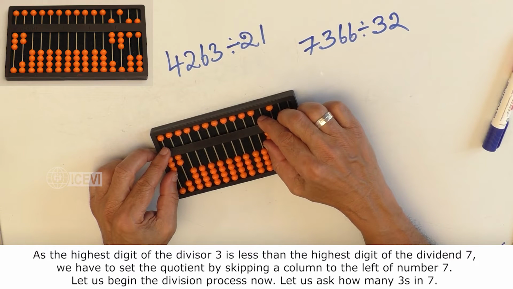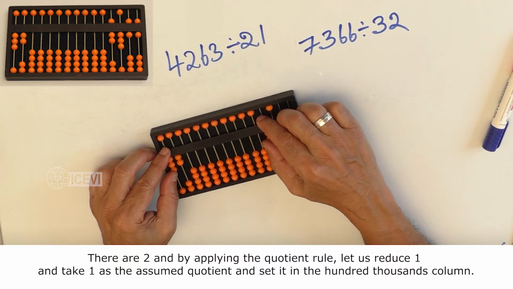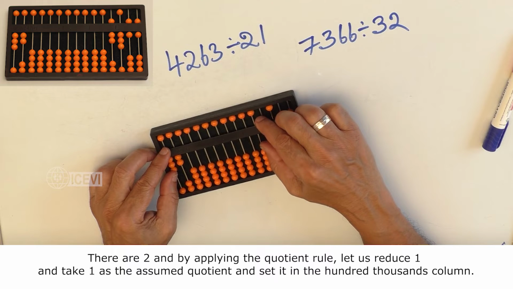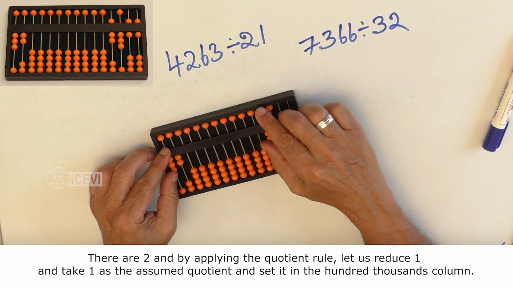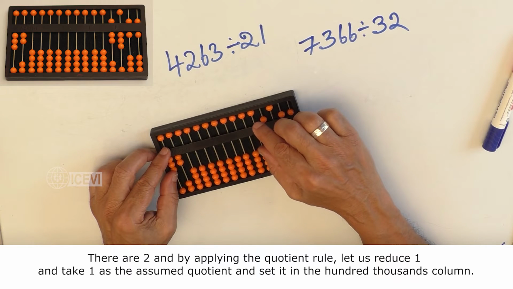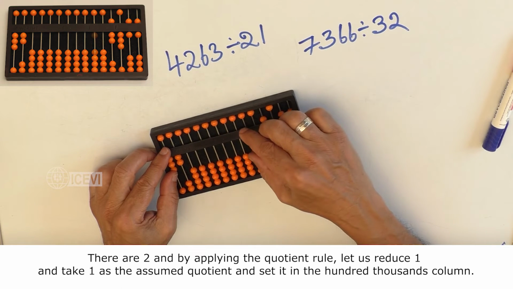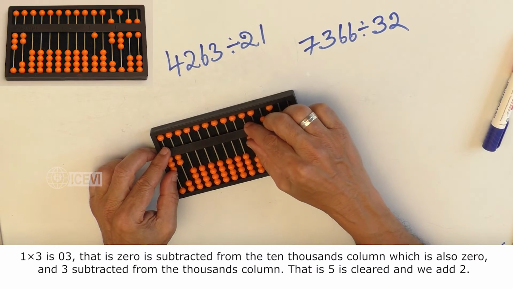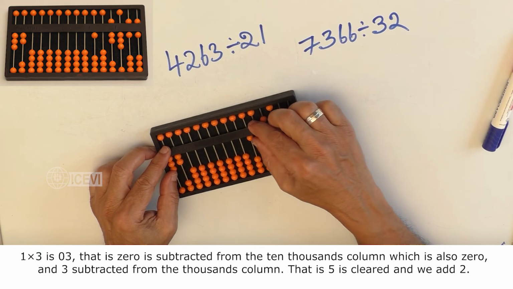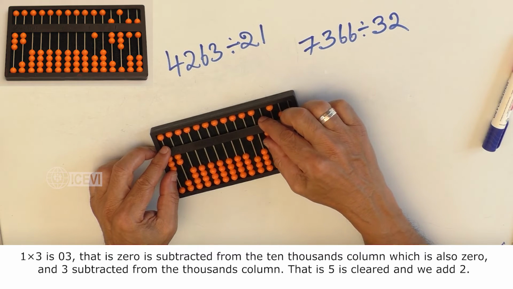Let us ask how many 3's in 7? There are 2, and by applying the quotient rule, let us reduce 1 and take 1 as the assumed quotient and set it in the 100,000 column. 1 multiplied by 3 is 03, that is 0 is subtracted from the 10,000s column and 3 subtracted from the thousands column.